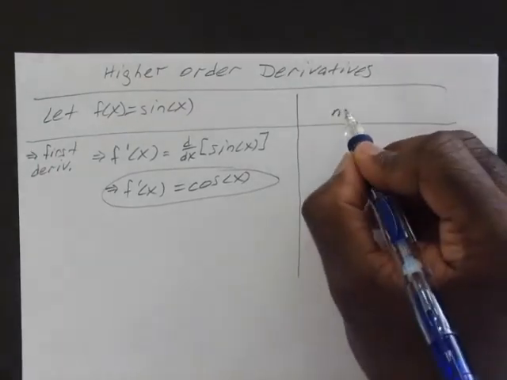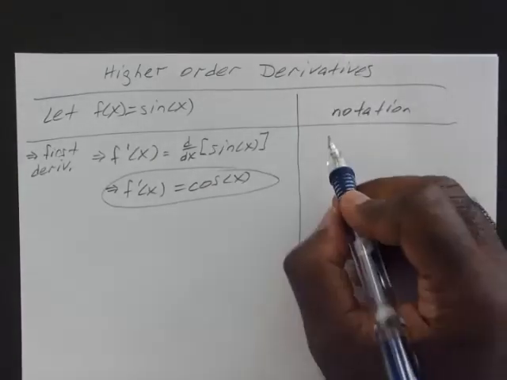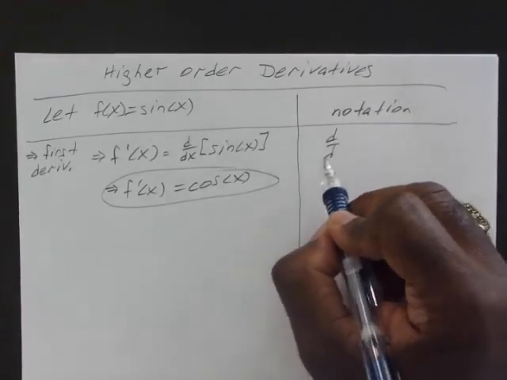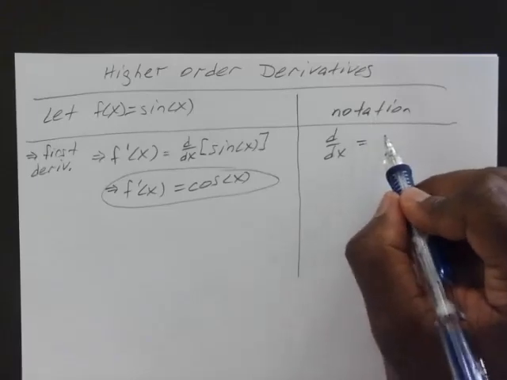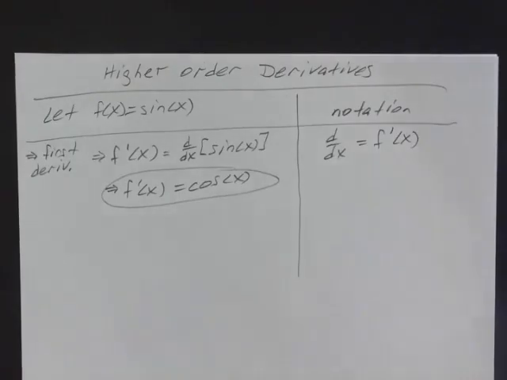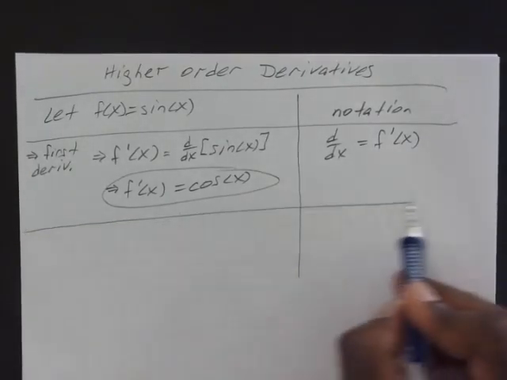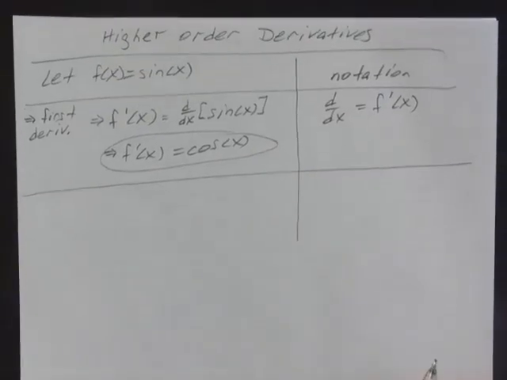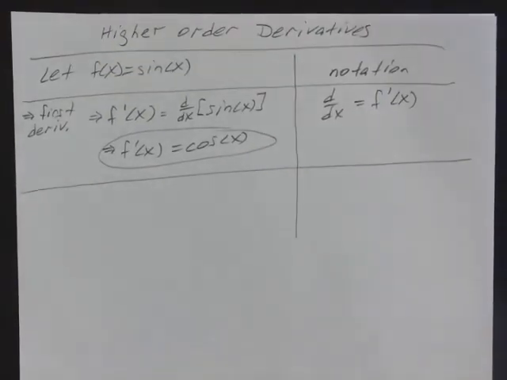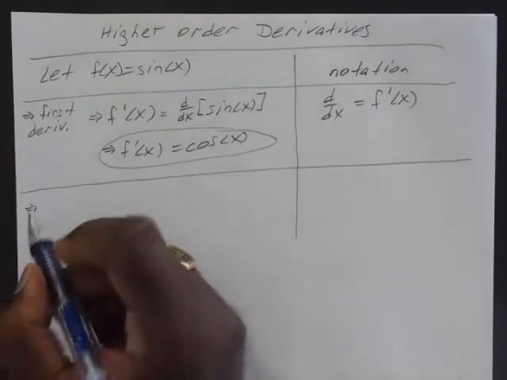And remember the notation, it really doesn't matter which one you use, but you might see different ones. So you might see the first derivative is equal to f prime of x. So let's look at the second derivative.